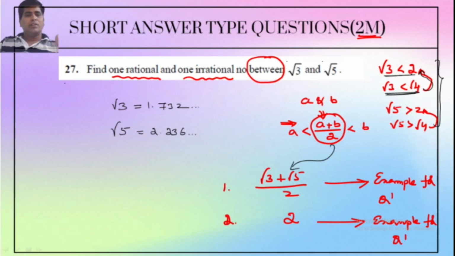So between 1.7 and 2.2 we have infinitely many irrational numbers, but he is asking for one irrational number. I wrote one. So that's all from my side about this problem. We'll move to the next question.